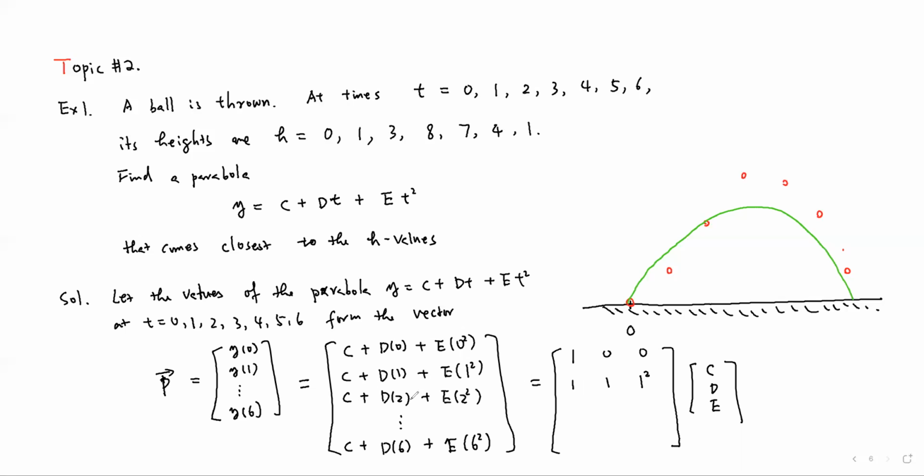How about this? 1, 2, 2 squared times C, D, E is this, and so on. So the next row is 1, 3, 3 squared. And the next row, 1, 4, 4 squared. The last row, 1, 6, 6 squared. Actually, this is P.